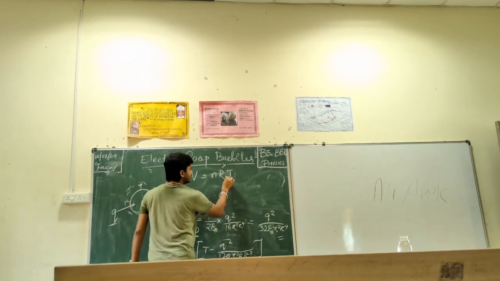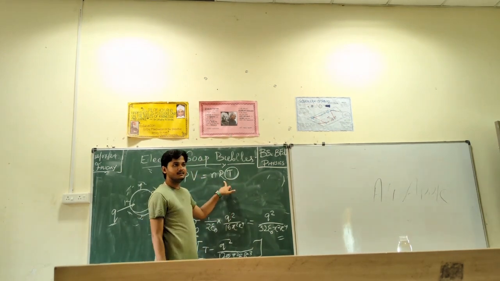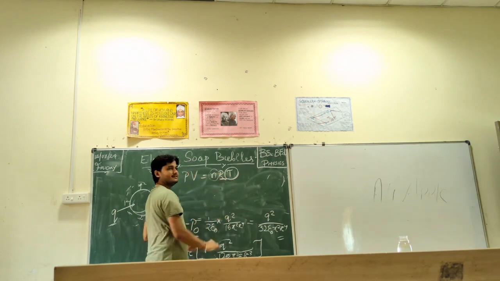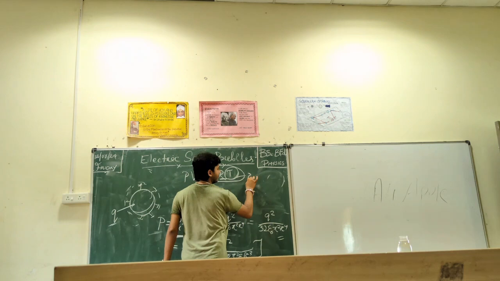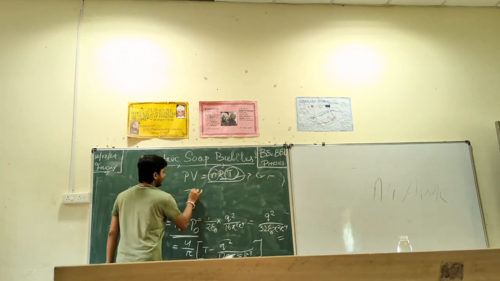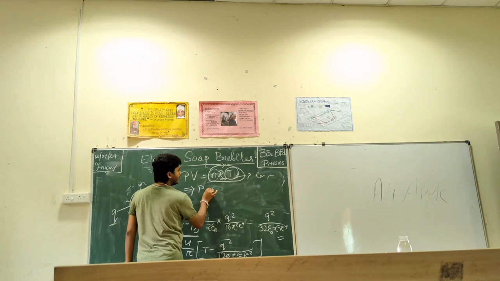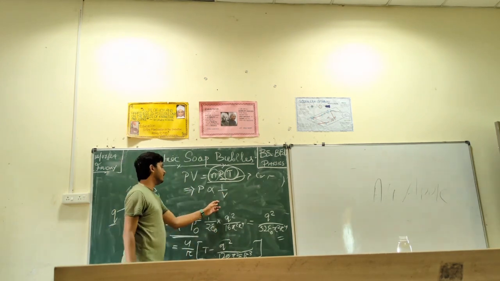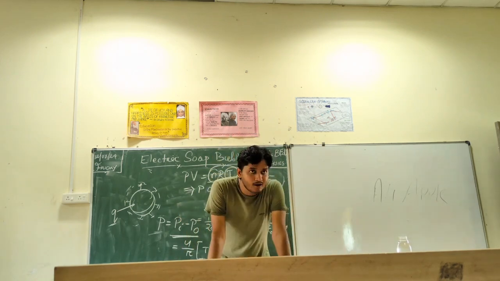So here temperature is constant, and R is the universal gas constant, you know. Then the number of moles is also constant. Then this is all total constant. So P is constant, or P is inversely proportional to V. Okay, you know this, then right. So apply Boyle's law.